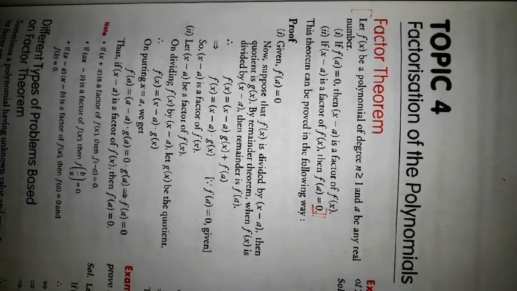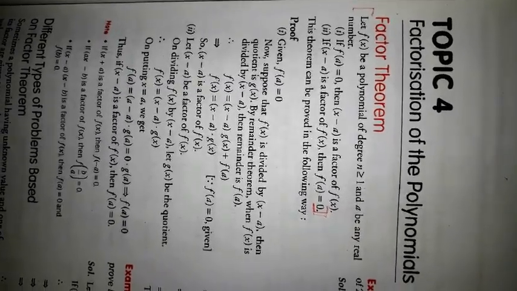So let us start. Here we have the statement of the factor theorem. Let f(x) be a polynomial of degree n greater than or equal to 1, and a be any real number.